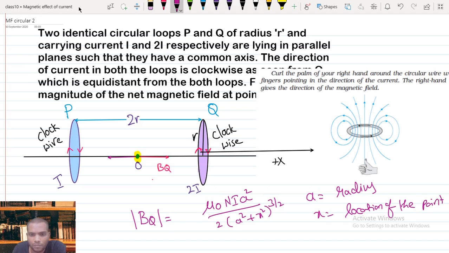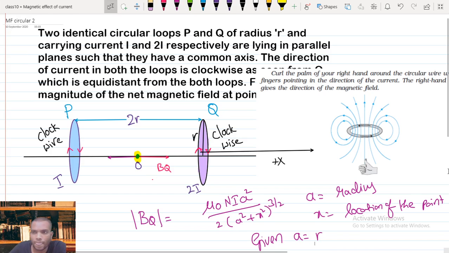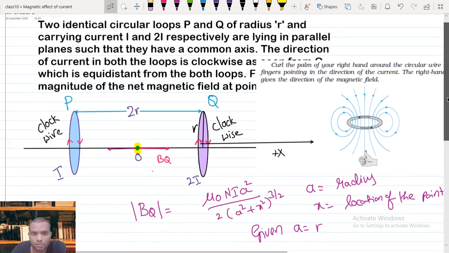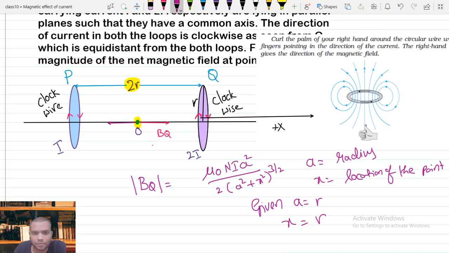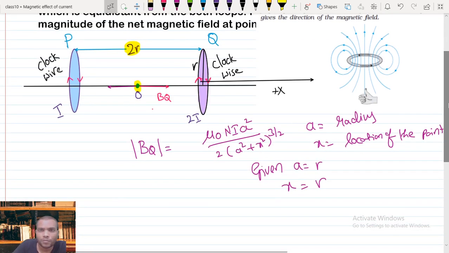In the given problem, a equals the radius r, and O is the midpoint of 2r, therefore x equals r. Now substitute these values in the above expression.